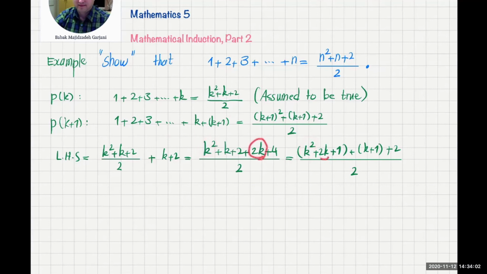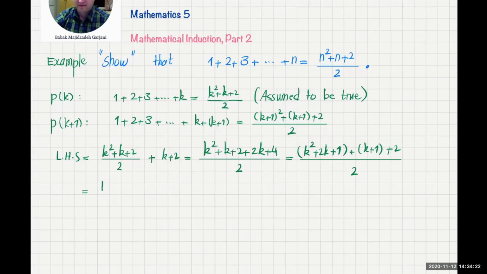2k is 2k. And then k is k. And then I have 1, 1, and 2, which is 4. So what I have written here is completely valid. But you immediately realize that this is k plus 1 to power 2.